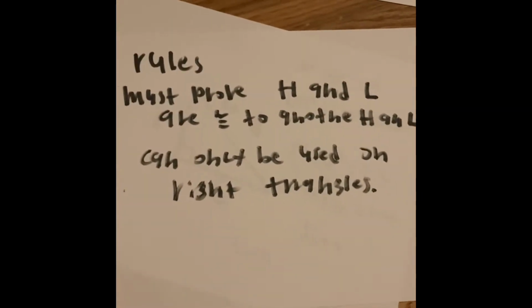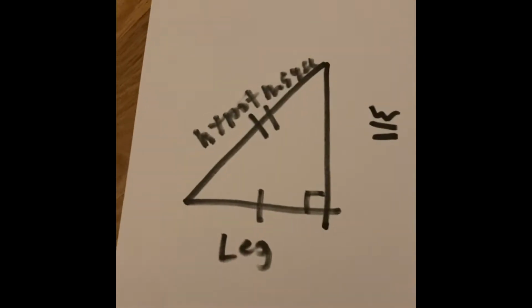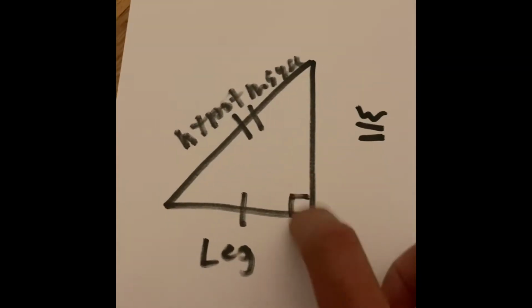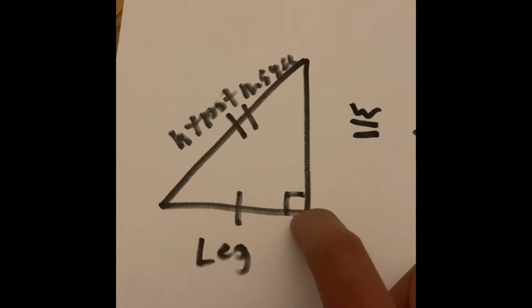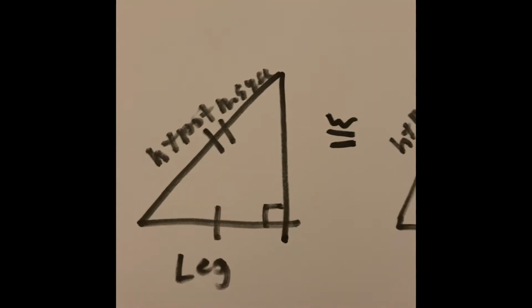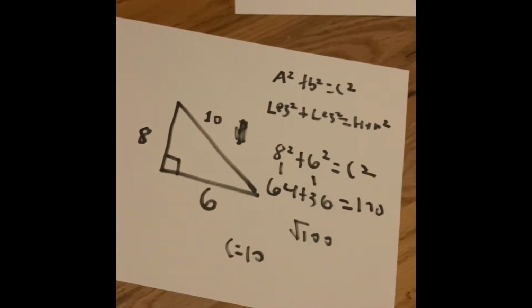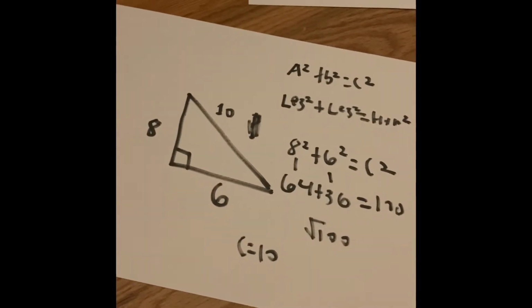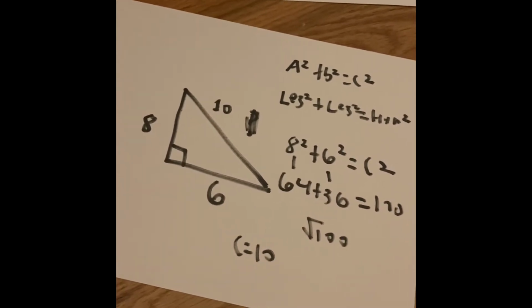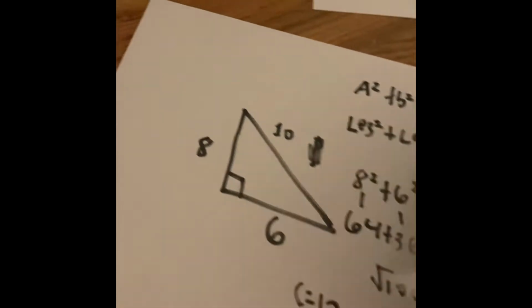Not only that, it can be used only on right triangles, because 2 episodes ago, we said a right triangle has a right angle. Any right triangle has a right angle. If it doesn't have a right angle, then it cannot be a right triangle. That's why the Pythagorean theorem is reinforced, to make sure that a triangle is noticed to be a right triangle.